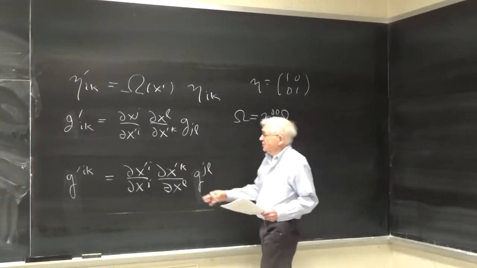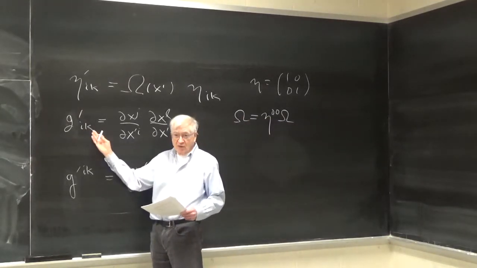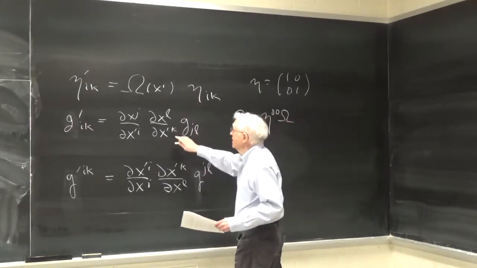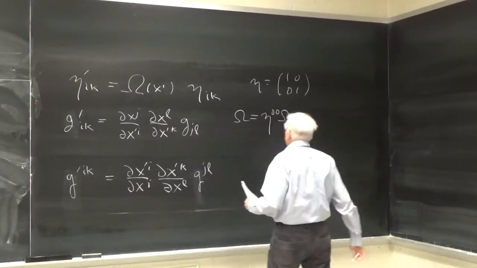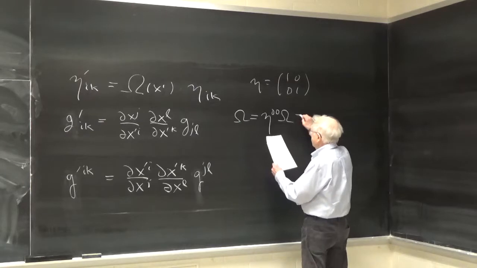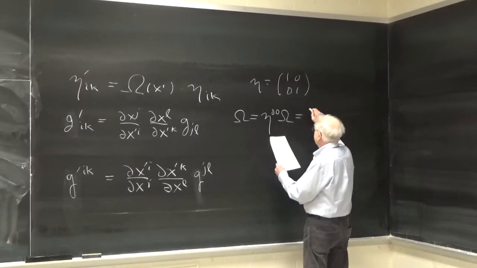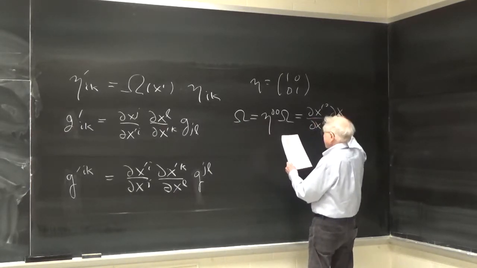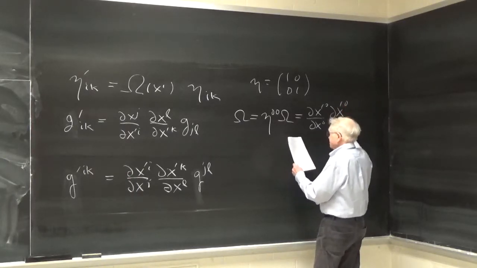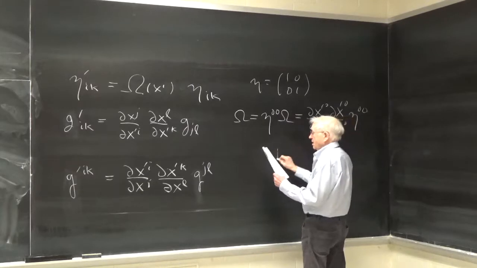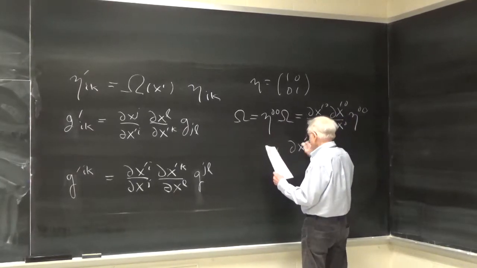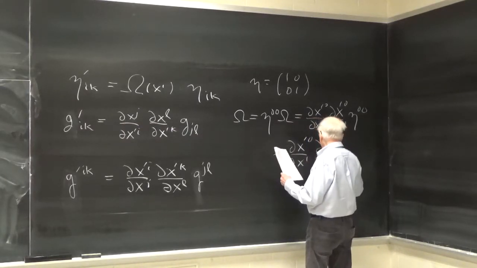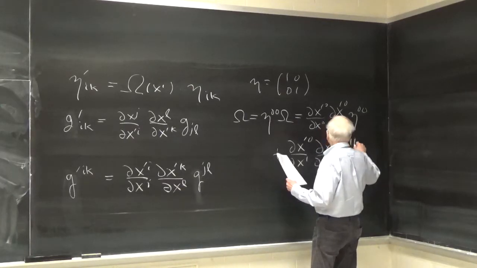Taking this equation, setting i and k equal to 0 and g equal to eta, what you get is partial x'^0, partial x^0, partial x'^0, partial x^0, eta 0,0, plus partial x'^0, partial x^1, partial x'^0, partial x^1, eta 1,1.